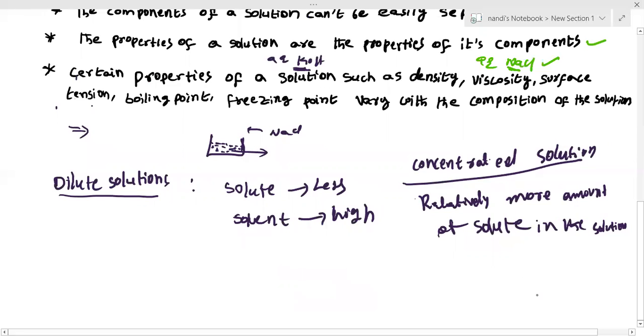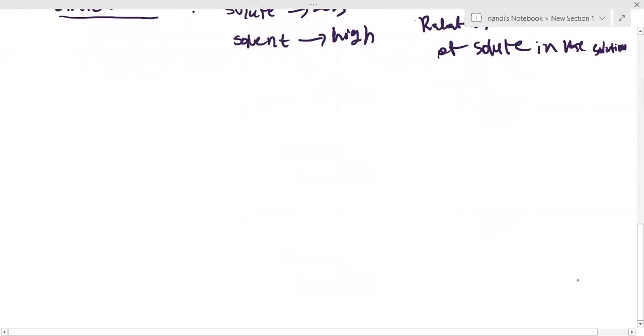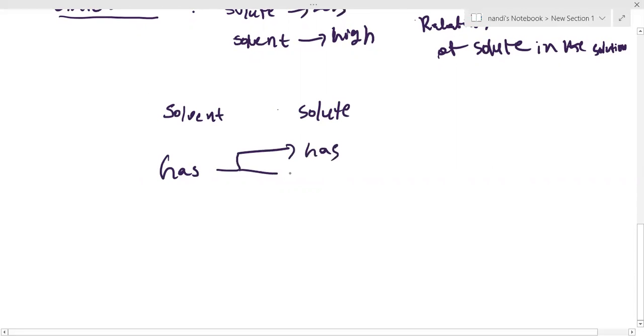Types of solutions are also possible here. In total, 9 types of solutions are possible, depending upon the solvent. Suppose I take the solvent here and the solute here. Suppose you take gas as the solvent. Gas as solute is possible, solid as solute is possible, and liquid also possible.